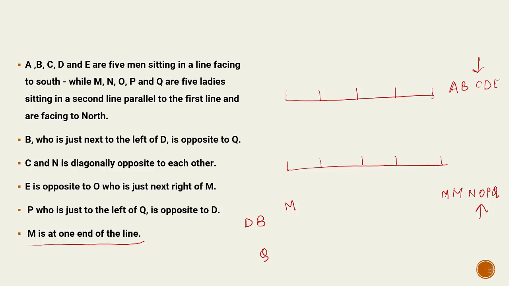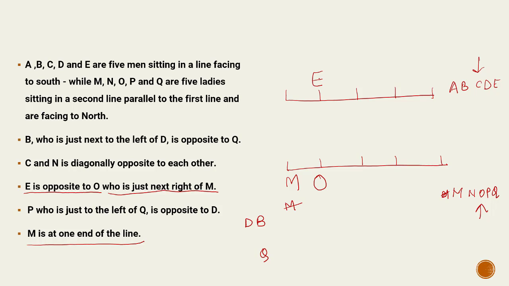Now when I read this data, E is opposite to O, who is just next right of M. This particular piece of information strengthens the position of M, that M has to be at this place. Why? Because I need someone who is just right of M, and in this position I cannot place anyone on the right of M. So M would be at the left hand corner, O is just next to M, and E is opposite to O.